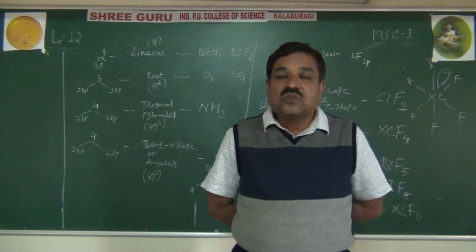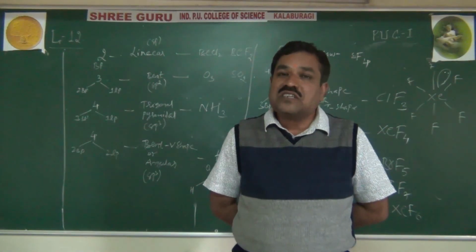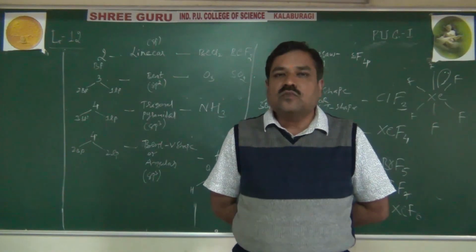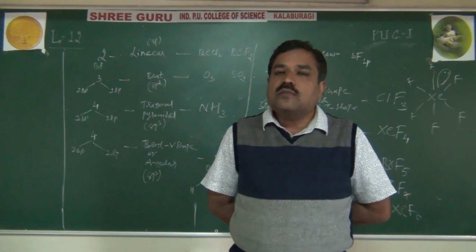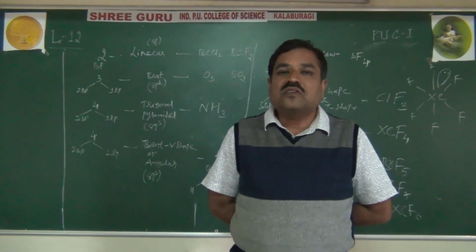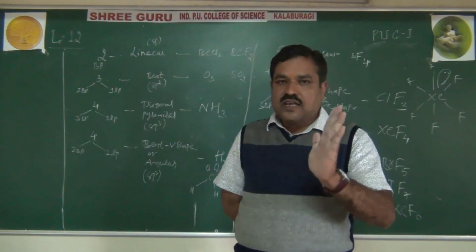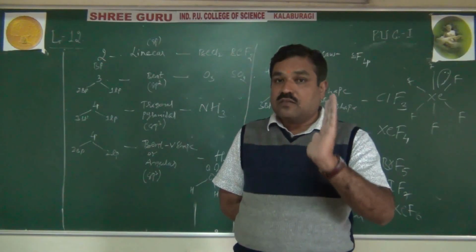And next, the resonance concept and resonance structures, resonance hybrids and resonance energy. I will tell you that tomorrow, and if time remains, we will go for molecular orbital theory lastly. So today enjoy the day and practice makes a man perfect.